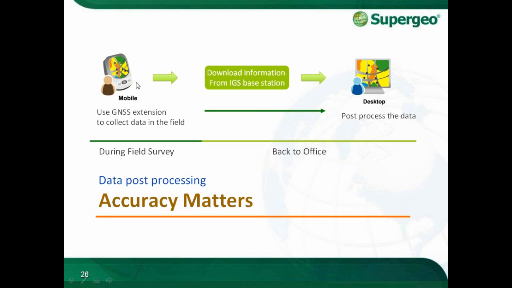After you are back in the office, you can copy the data you collected in the field to your desktop, and then you also have to download 2 additional pieces of information from the IGS base station websites to post-process the data and increase the data accuracy.